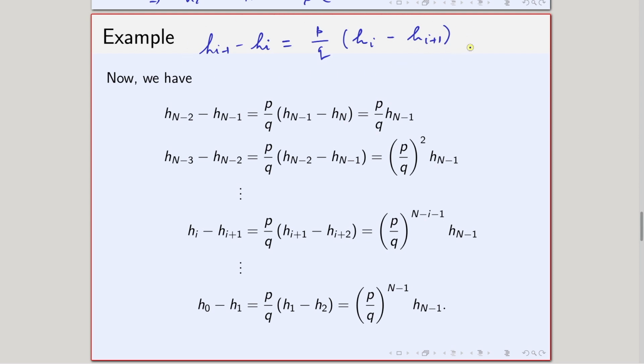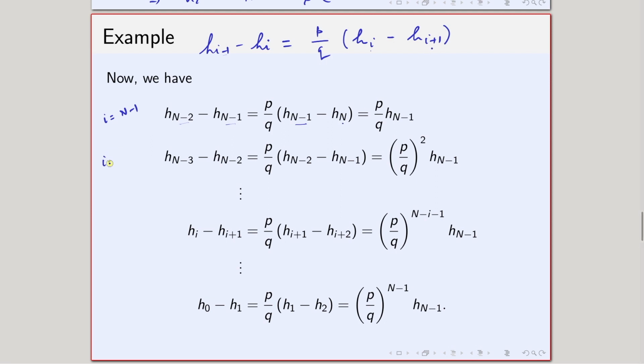Now this is true for different values of i, so we will put different values of i. If I put i equals n minus 1, we get exactly this equation, where this becomes n minus 2, this becomes n minus 1, and this becomes n.